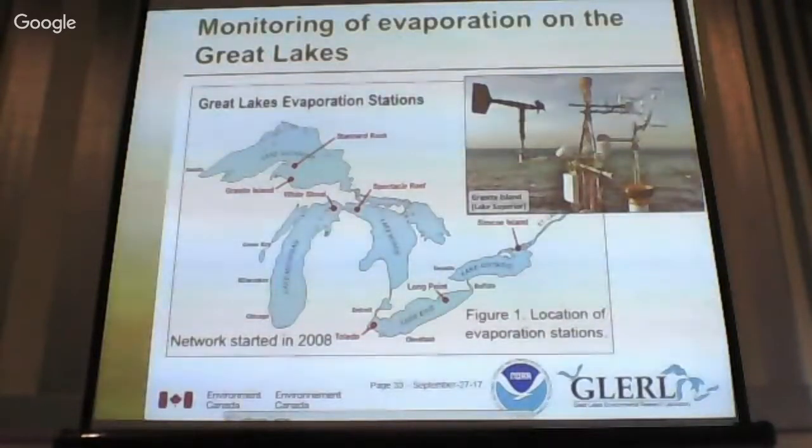So in order to figure out if our evaporation was any good, in collaboration with NOAA, we installed a set of flux towers on the lake. So the first one, Stannard Rock, was installed in 2008 and is still running. And the data is available for testing evaporation models.